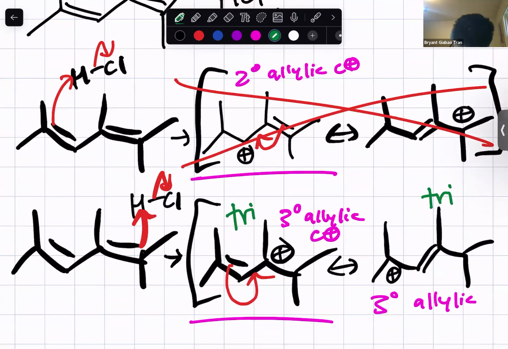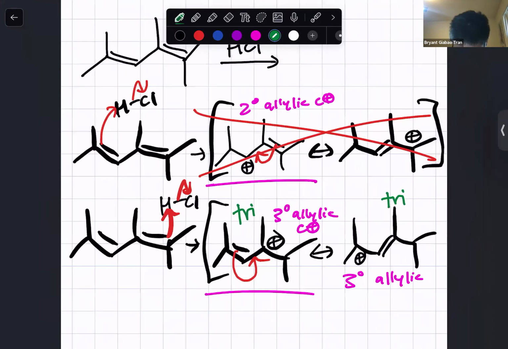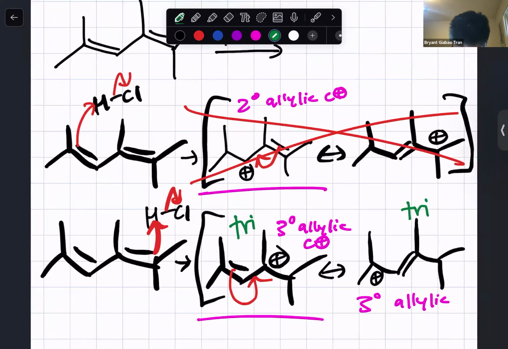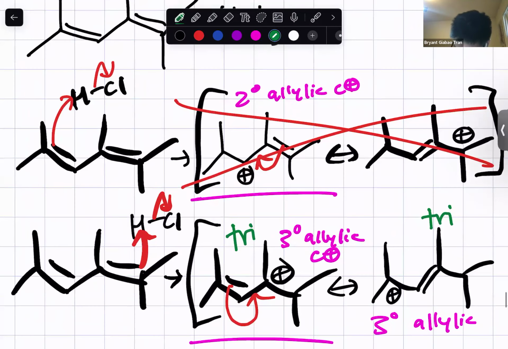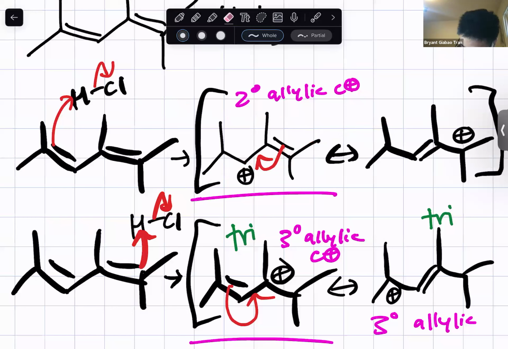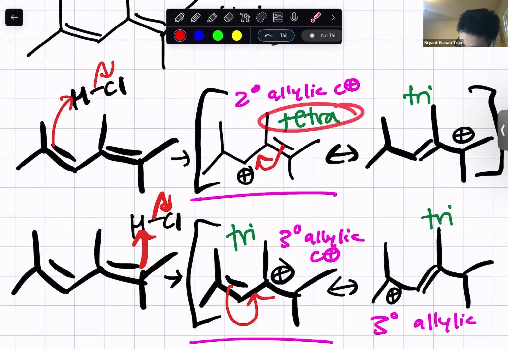This is also trisubstituted. Okay. Right. So I'm getting confused here because this double bond here is tetrasubstituted. This is trisubstituted, where our most stable double bond is this tetrasubstituted here. But I eliminated that set.